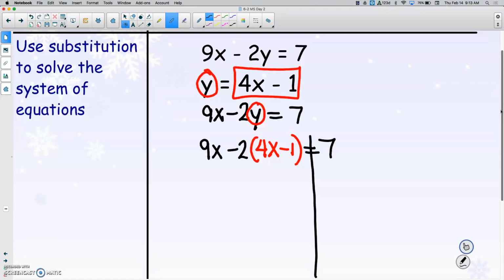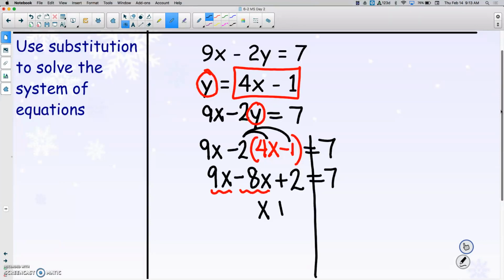This one's a little bit tricky because distributing, you need to think about this 2 as being a negative 2. So it would be negative 2 times 4x is negative 8x, and negative 2 times negative 1 is positive 2. Then I have my 9x, and my equals 7. So 9x minus 8x is just 1x. So x plus 2 equals 7.